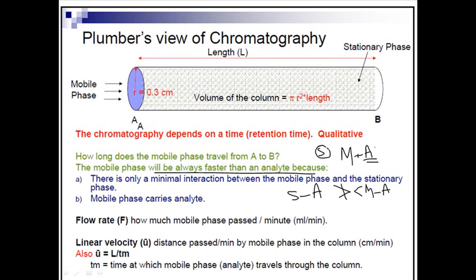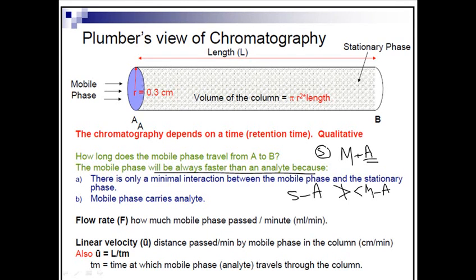That's why the analyte would be slow. In the first case, where the analyte has a higher tendency to attach to the stationary phase, it always moves slowly, so there is no problem with this scenario. But in the second scenario, where the analyte has interaction with the mobile phase, why does it still elute slower than the mobile phase?